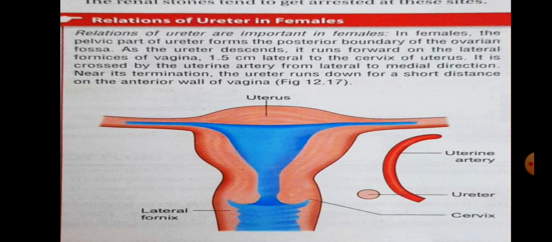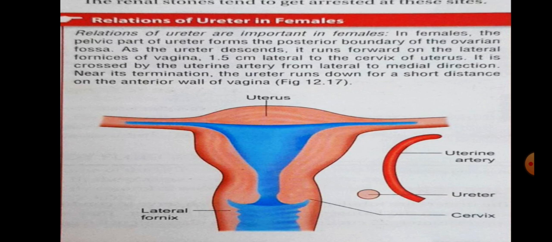As the ureter descends, it runs forward in the lateral fornices of the vagina, 1.5 centimeters lateral to the cervix of the uterus. It is crossed by the uterine artery from lateral to medial direction. Near its termination, the ureter runs down for a short distance on the anterior wall of the vagina.